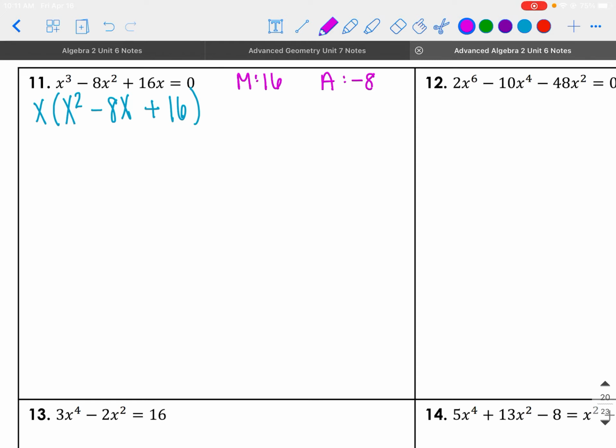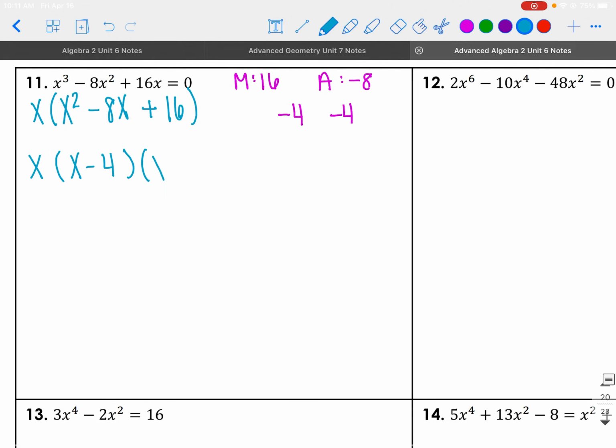Think about it for a second. It's negative 4 and negative 4. So this becomes x minus 4, x minus 4. And then we take each factor and set each factor equal to 0.